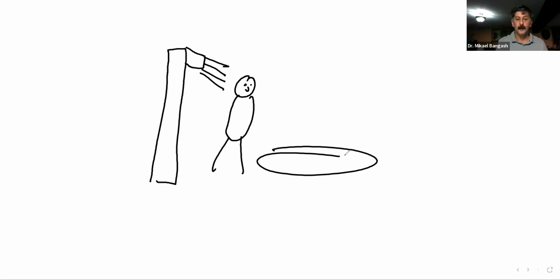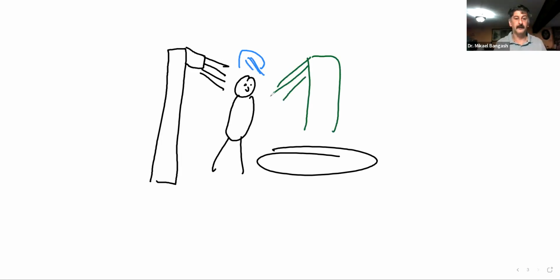Now, part of this shadow here can actually be reduced if some light is thrown from here, and if some light, for instance, is thrown from here.